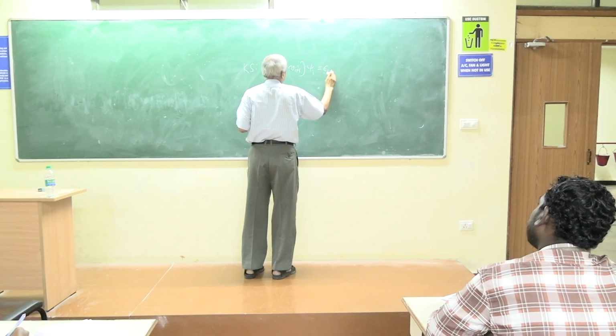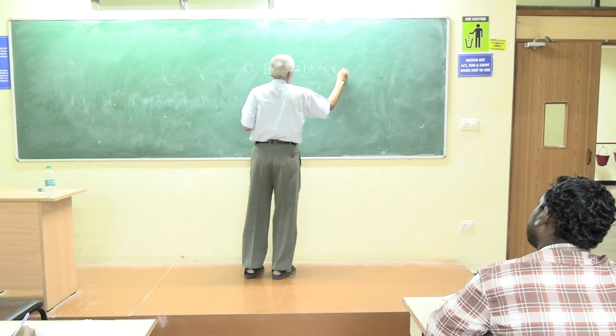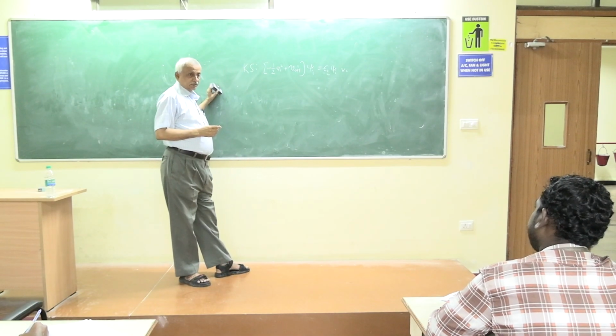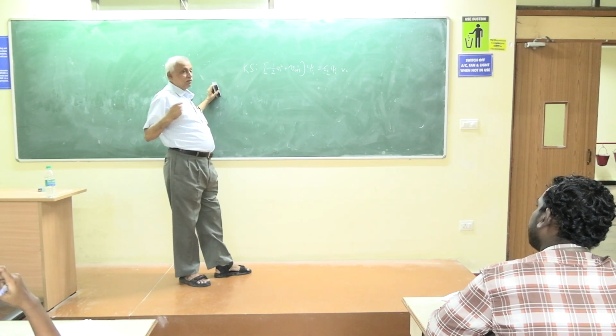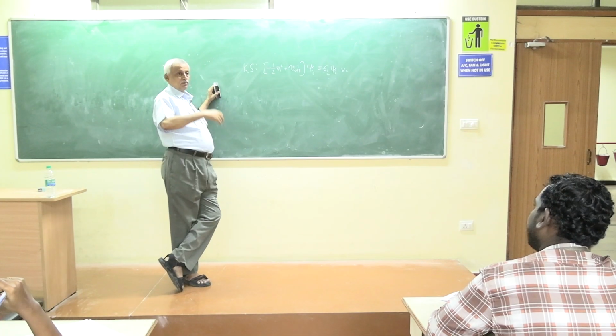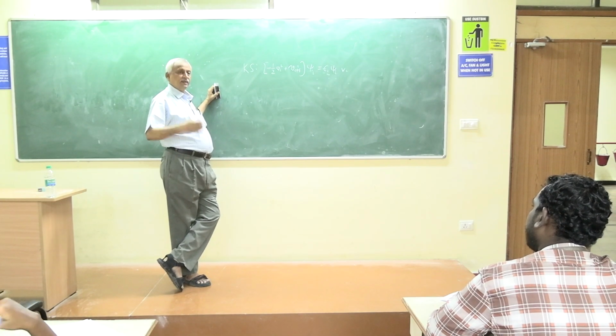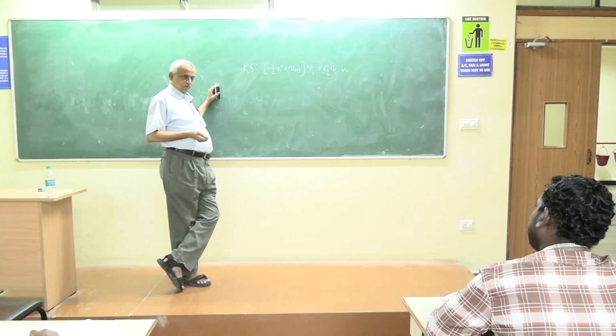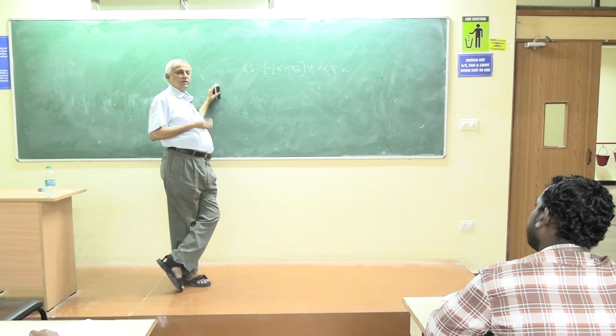Remember this was for all i. This was your Kohn-Sham scheme. Okay. And V effective, you remember, it contains external potential, Hartree potential and exchange correlation potential. That is your V effective. Okay, one body non-interacting potential.